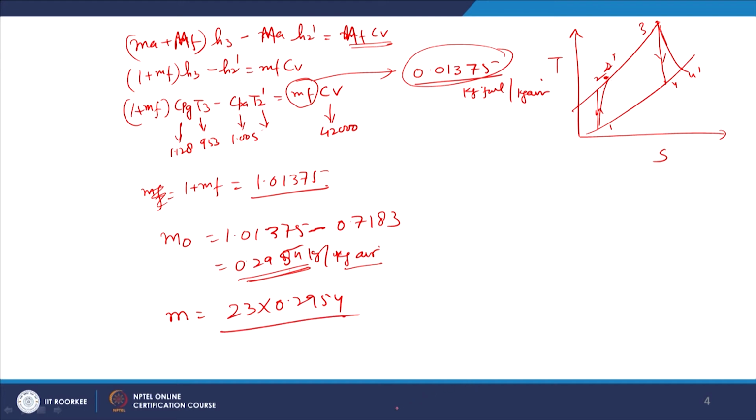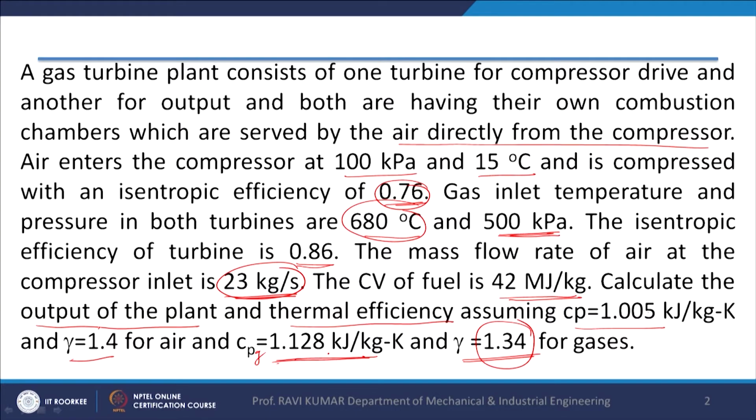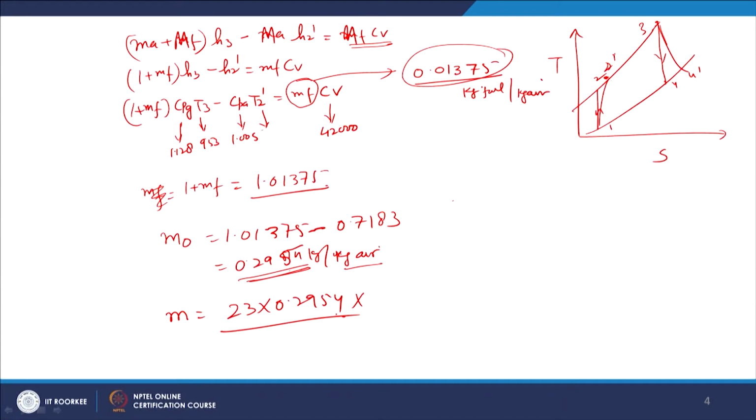And the power output is this mass multiplied by Cp. We are supposed to calculate the output of the plant and the thermal efficiency. So, output is going to be this multiplied by the Cpg, that is 1.128, times T3 minus T4 dash.